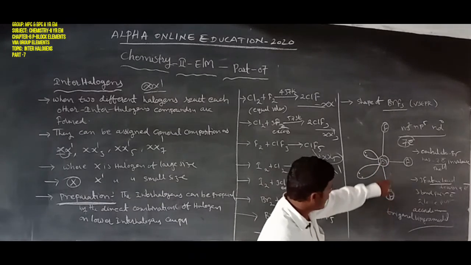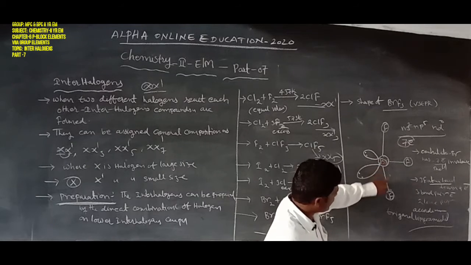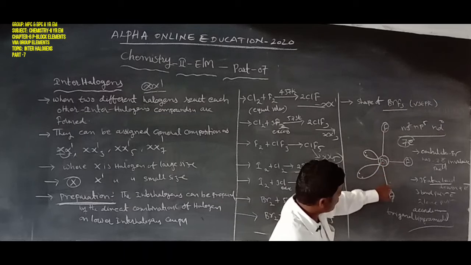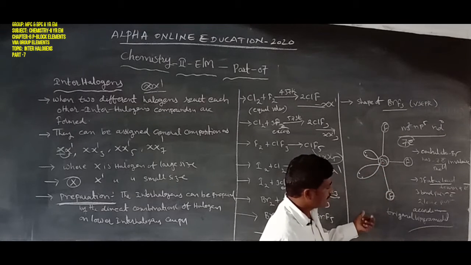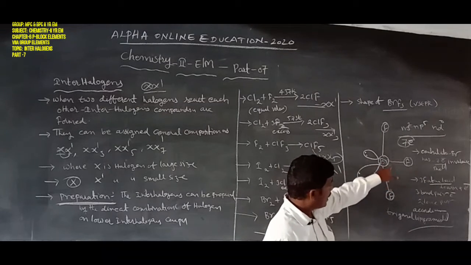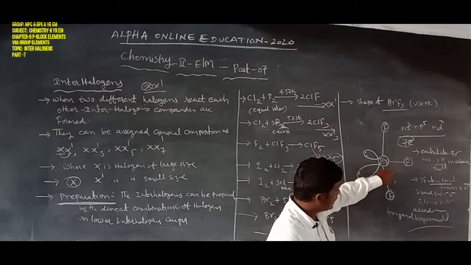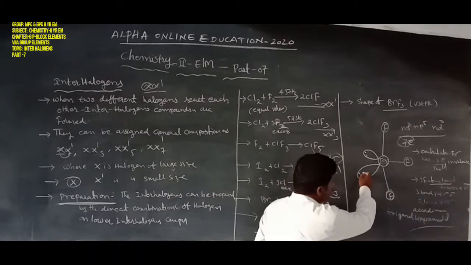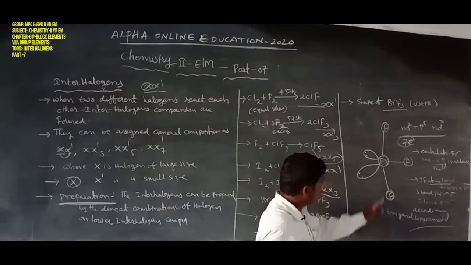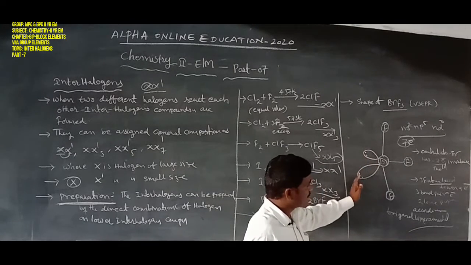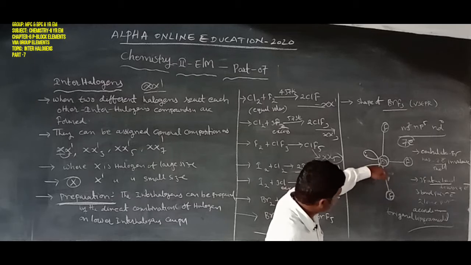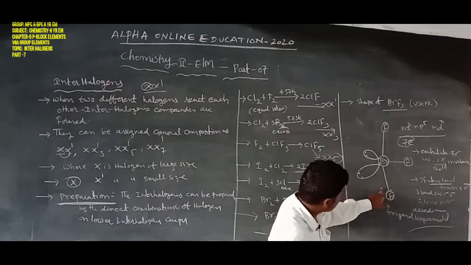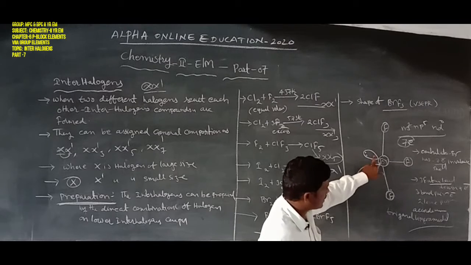Bromine bonds with 3 fluorine atoms, 1, 2, 3. With 3 fluorine atoms bonded to the bromine, 4 electrons are left, 1, 2, 3, 4. 3 are bond pair electrons, and 2 are lone pair electrons.